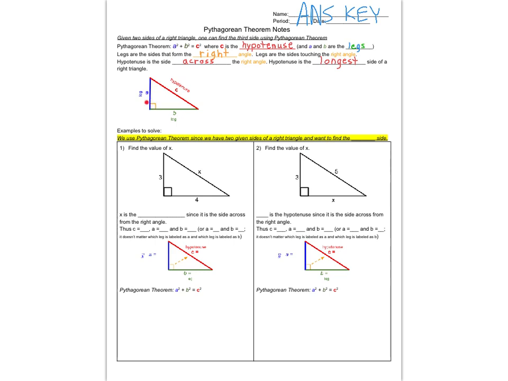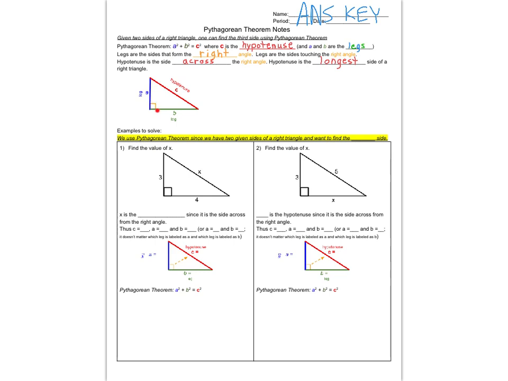Remember, right triangles have a 90-degree angle. We also know that the legs are the sides that are touching the right angle. The hypotenuse is the side across from the right. Now, because there is only 180 degrees in a triangle, if you add up the angles of a triangle, there will be a total of 180 degrees.